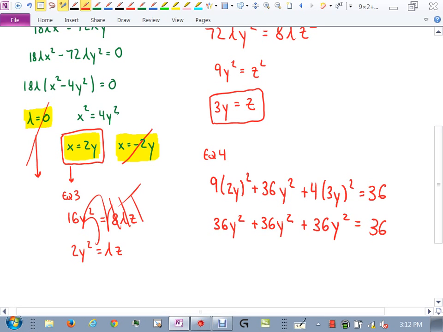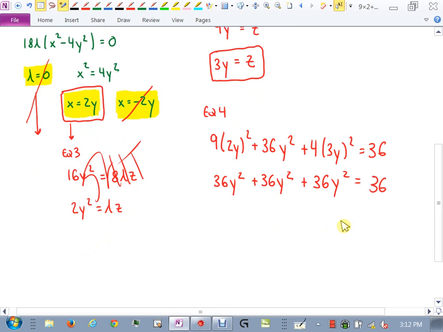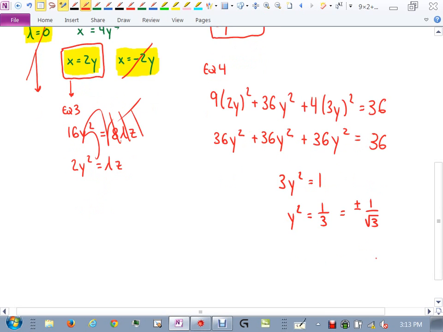This is going to give you 3y squared equals 1, and that means y squared is 1/3, which means we get plus or minus 1 over root 3. And you can ignore the minus because y isn't going to be negative, so y must equal 1 over root 3.